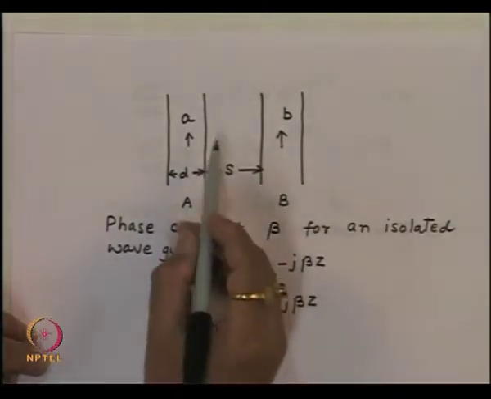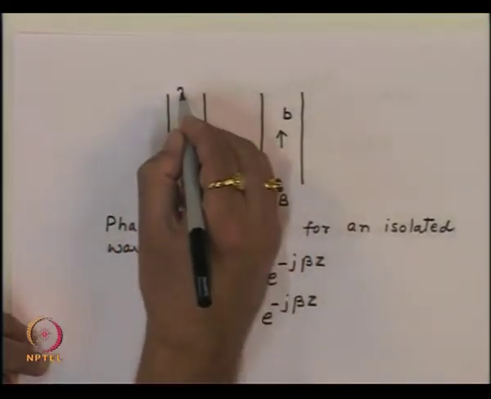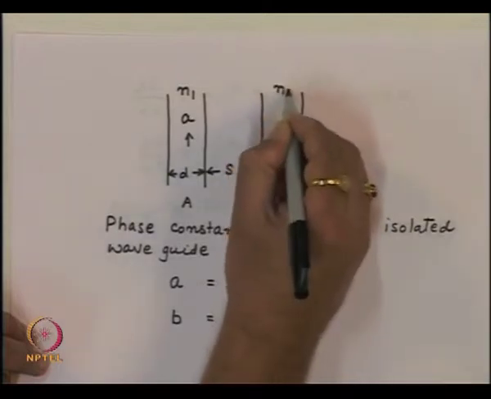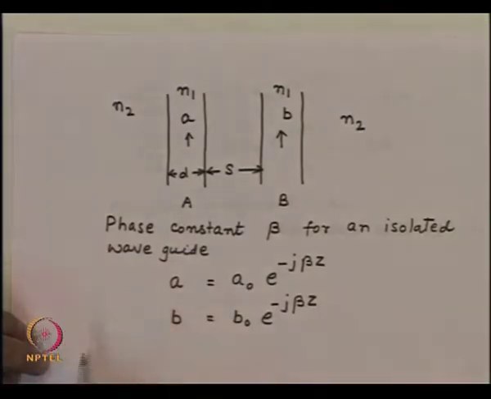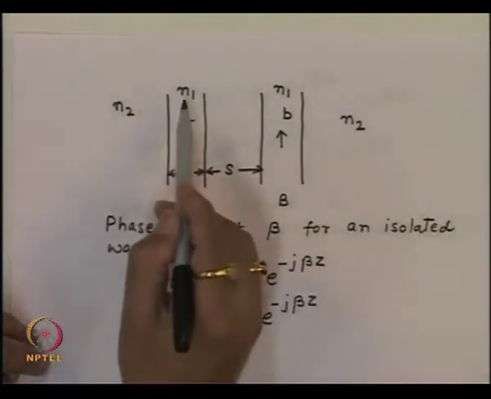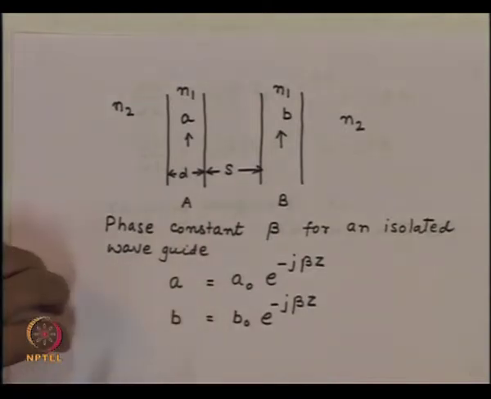It will also depend upon the refractive index of the two materials. So let us say I take refractive indices N1 and N2 in the remaining medium. It will also depend upon the refractive indices N1 and N2, and it will also depend upon the frequency of operation or the wavelength of the signal which is exciting the structure.